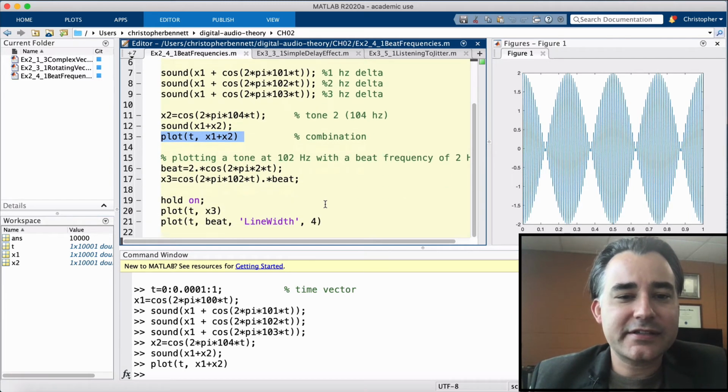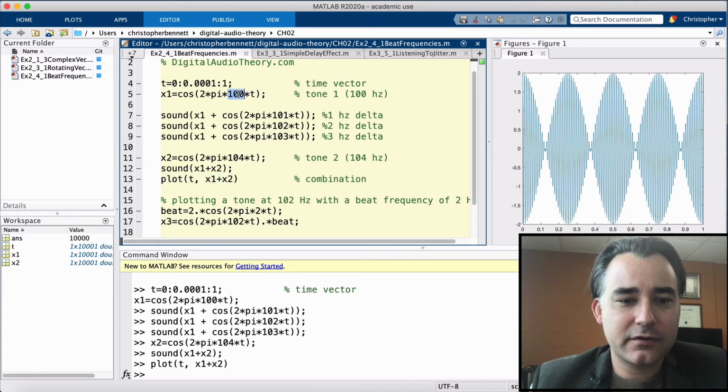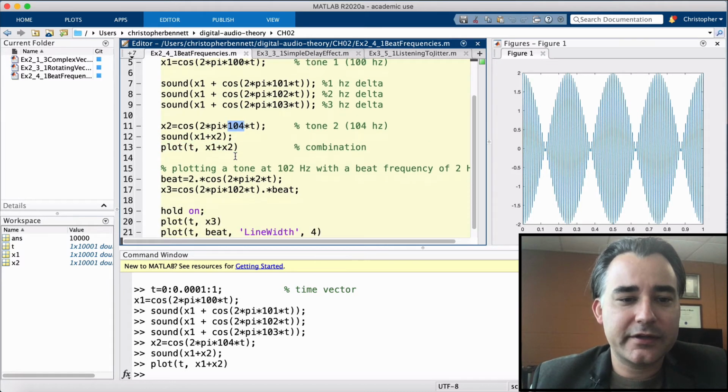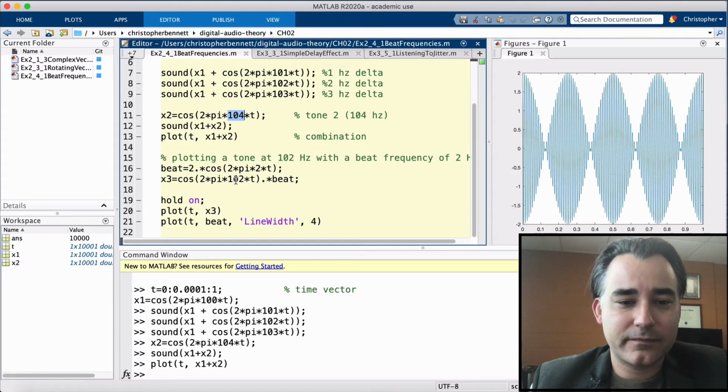Now, let's test out Feynman's theory here. Let's take the average frequency of these. So the average of 100 and 104 is going to be 102. That's right here. So we're going to take 102, make a cosine out of it. So that's going to be the carrier frequency.